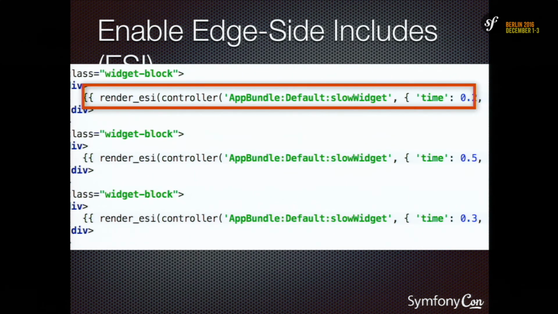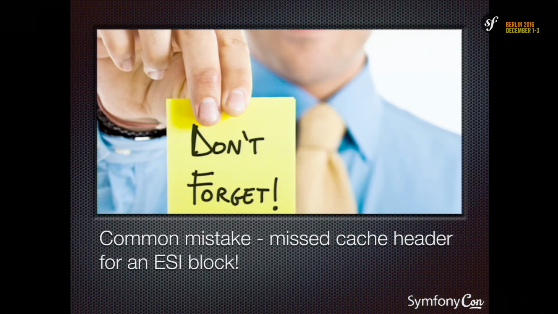The last step in order to use Edge Side Includes is to replace our render function in Twig with the special render_esi function. But please, please, please don't forget to add a cache header to the Edge Side block, because otherwise your Varnish can easily DOS your own application.